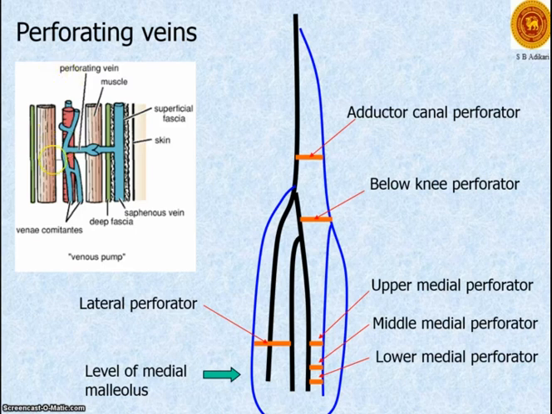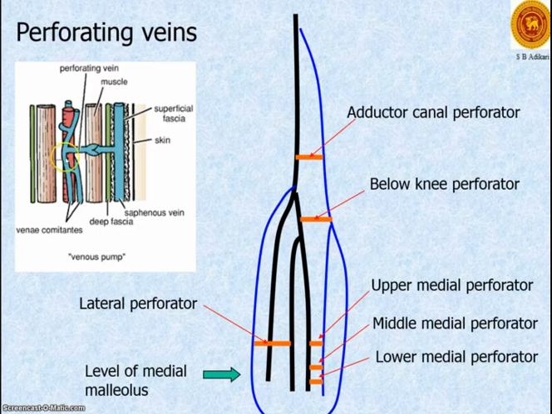When the soleal muscles contract, the deep veins are squeezed, and there are valves inside the deep veins directed towards the heart. Blood inside the deep veins is pushed towards the heart, and when the muscles relax, the pressure inside the deep veins drops, and the blood from the superficial veins is sucked into the deep veins through the valves in the perforators.